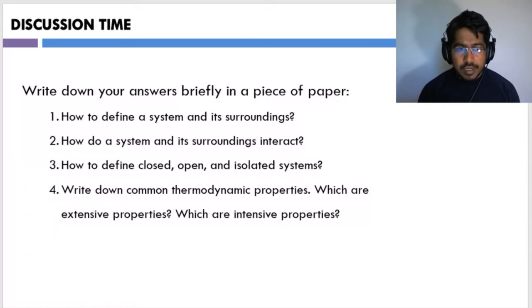Okay. Now, how do we define closed, open, and isolated systems? Do you have any idea what it could mean in a thermodynamics context? Closed system. Usually, what do we mean by a closed container?